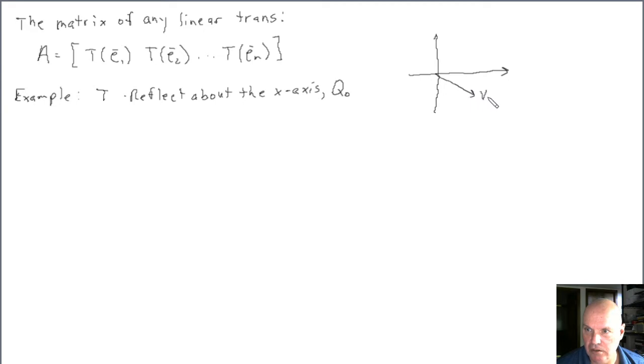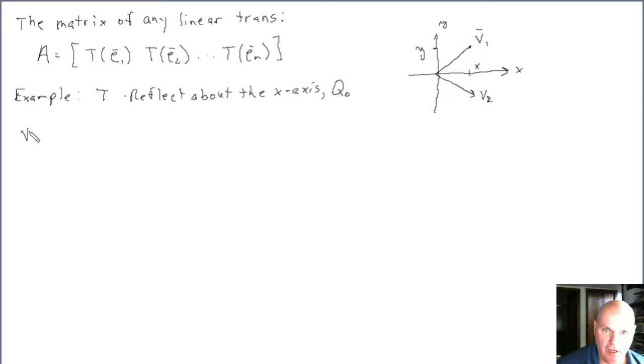Say this is V1 with coordinates x and y. Then the reflection of V1 about the x-axis, this is the x-axis, would be a corresponding vector V2 that has the same x component but the negative y component.